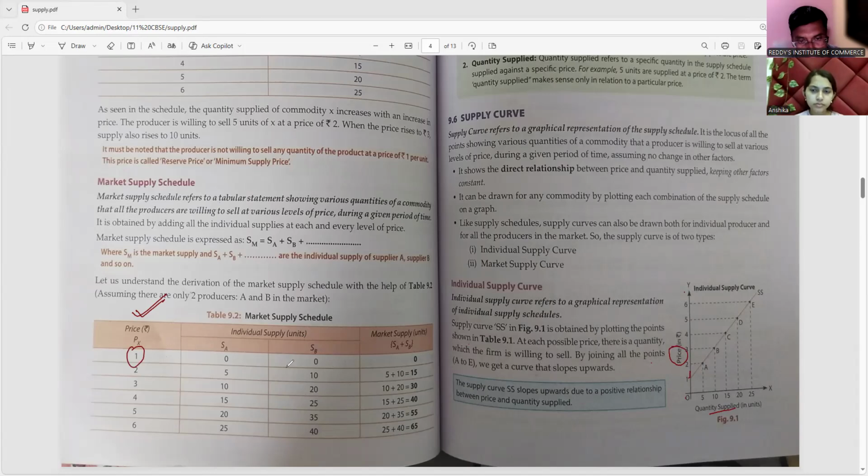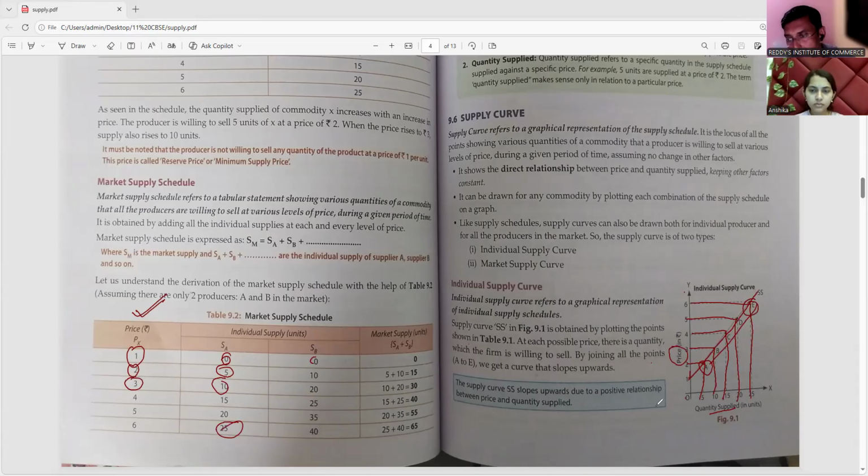When the price is 2, he supplies 5 units. When the price is 3, he supplies 10 units, price 4 by 15, price 5 by 20, price 6 by 25. This one is the last. So in this case, the individual supply curve goes upward from A to E.